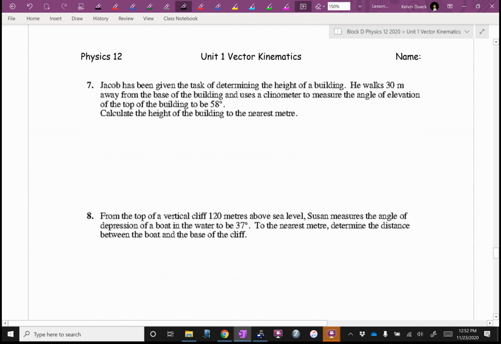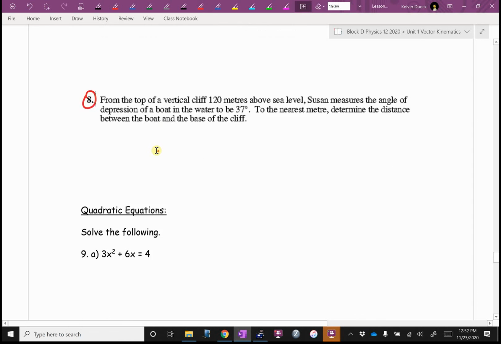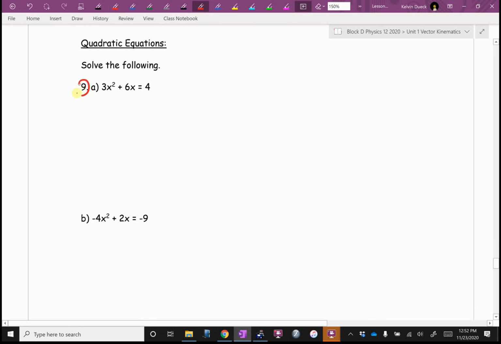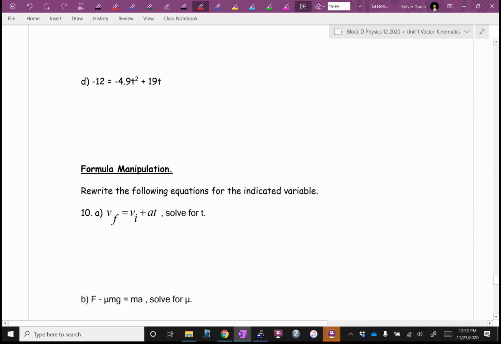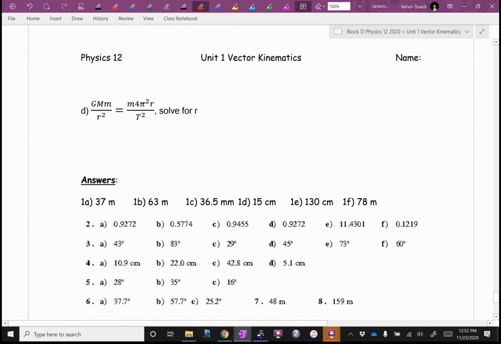Then we have some word problems. I am going to skip one of these. I got to remember which one. 7 is good. No, I like 8. Oh, I must have removed the one that I didn't like. And then quadratic equations, 9, A, B, C, D are good. And 10, A, B, C, D are good.